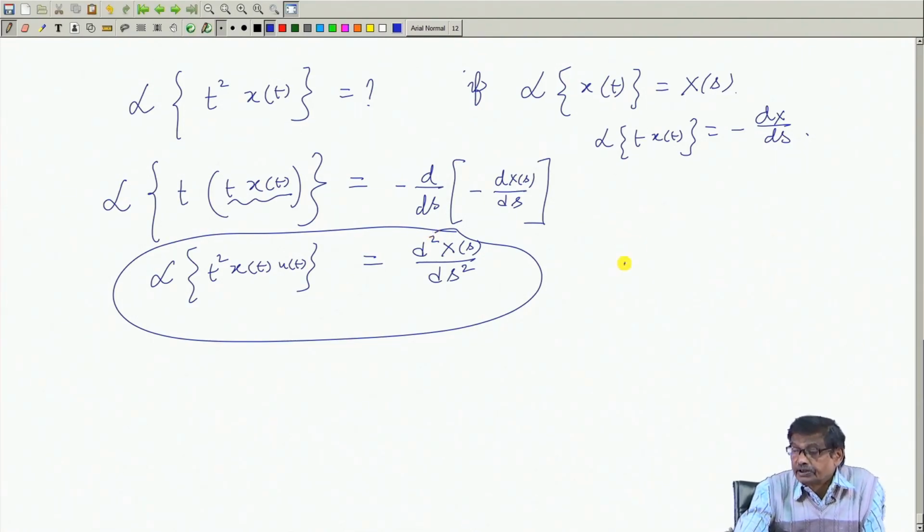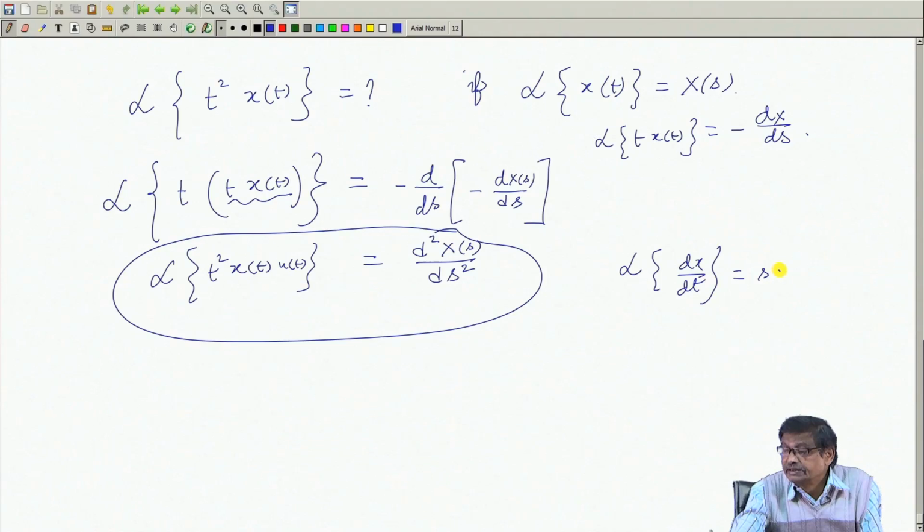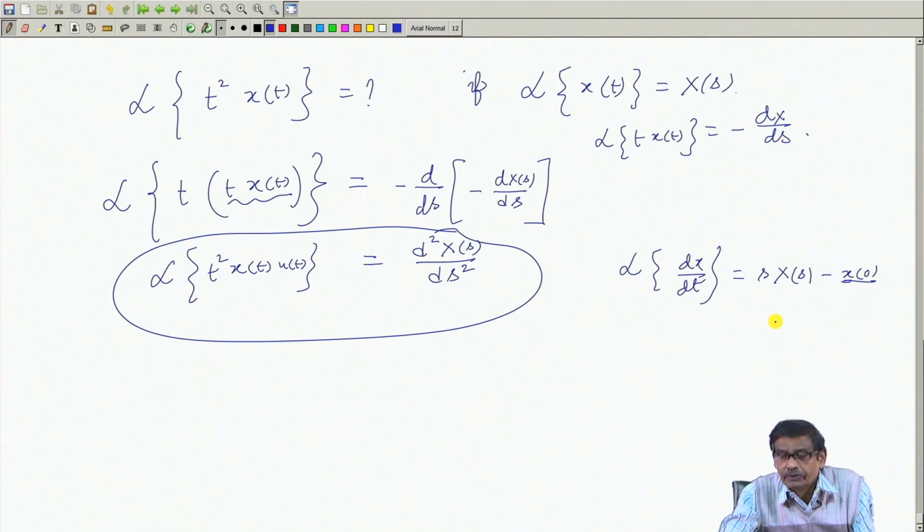For example, the Laplace transform of dx/dt, as we have seen, is nothing but s into X(s) minus x(0). What is this? This is small x, not capital X. This is the functional value at t equal to 0. More on this in the next class.